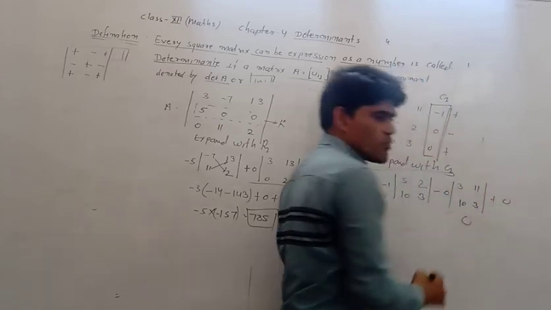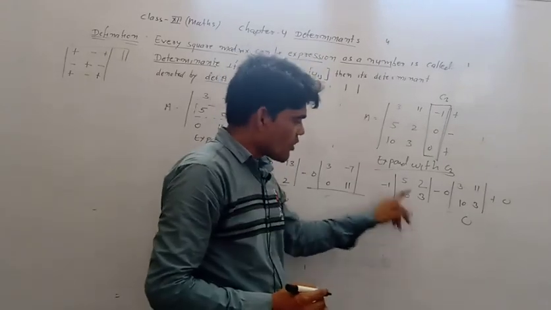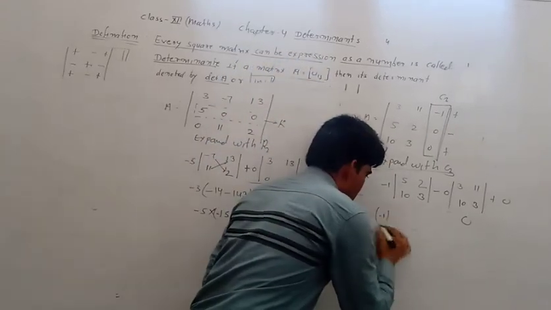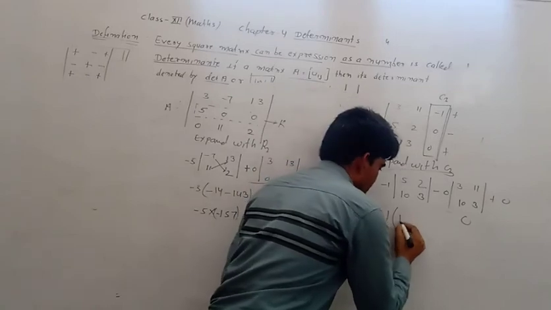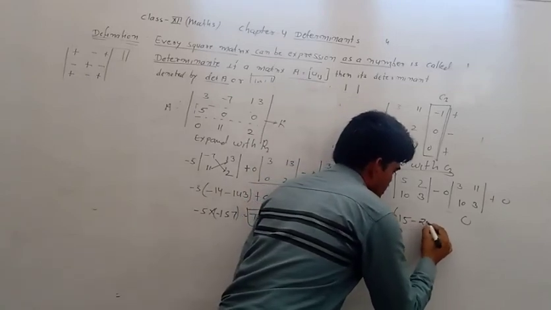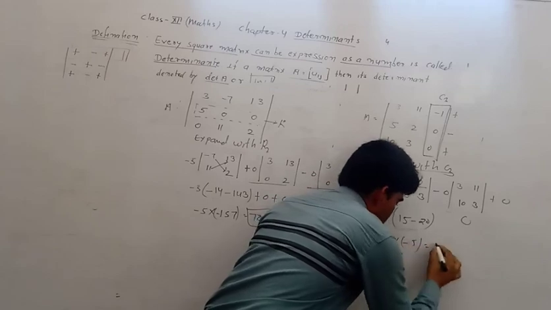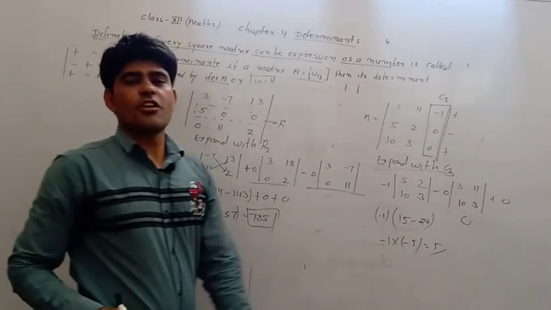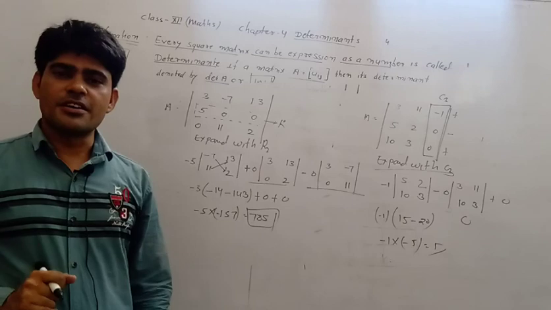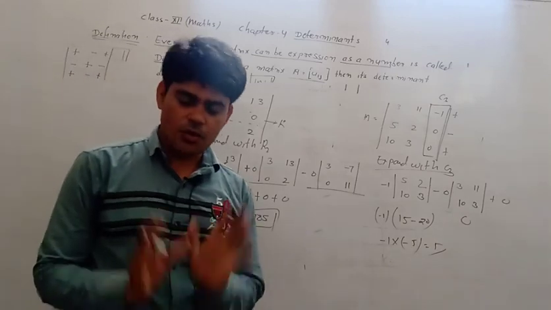This is 0 and we solve only this. Minus 1 times the bracket 5 times 3 is 15, minus 20. So minus 1 into minus 5 equals 5. This is the solution of this determinant. Okay, this is clear.